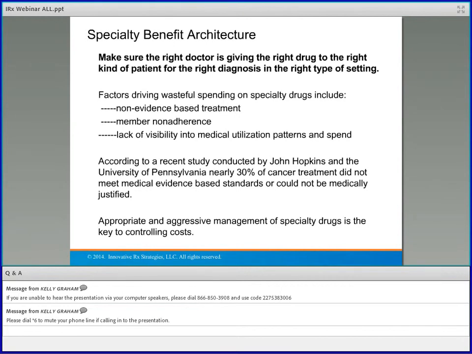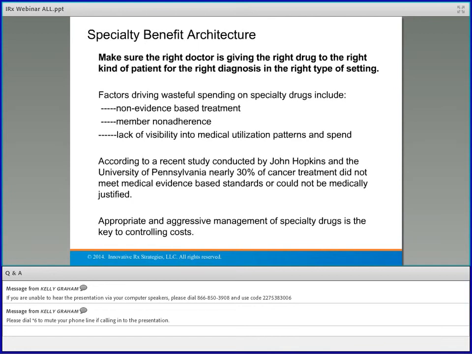And if you're spending $100,000 a year for a patient, or $150,000 or $125,000 for somebody on Hep C or any specialty drug, you really want to make sure that there's some kind of evidence-based medical reasoning for the particular treatment they're getting. Otherwise, you're just wasting money.